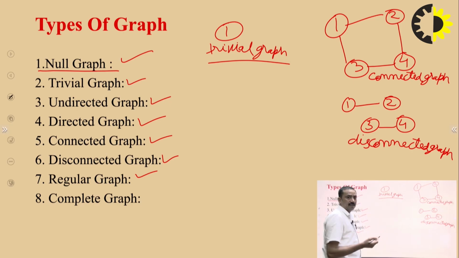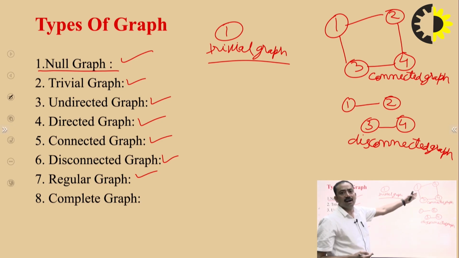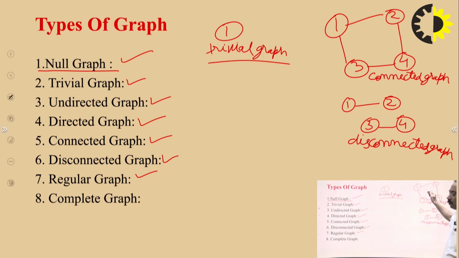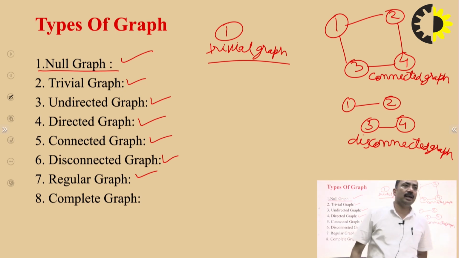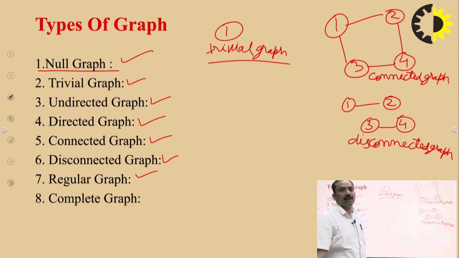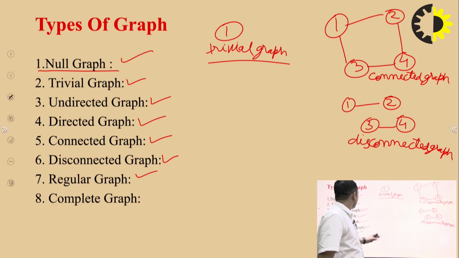Like in the same example, we can say this connected graph is a regular graph, because in this graph this vertex has degree 2, this vertex has degree 2, this vertex has degree 2. From each and every vertex, the number of connected edges is called the degree of the particular vertex. So each vertex has a degree k. So we can say it is a k regular graph.